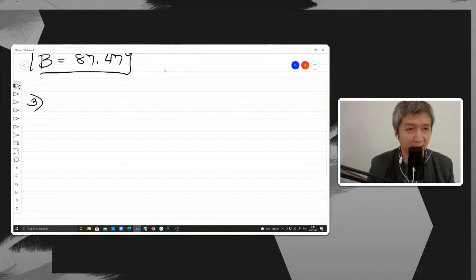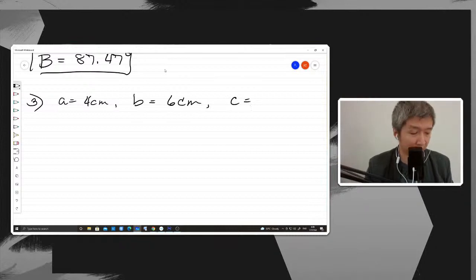Given all the three sides of a triangle, 4 centimeters, 6 centimeters, and then C is equal to 7 centimeters.